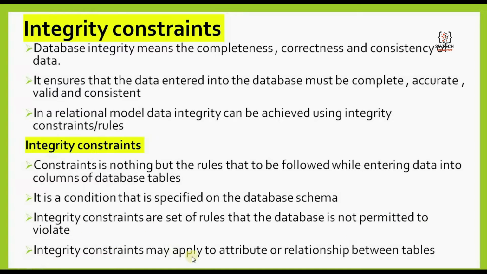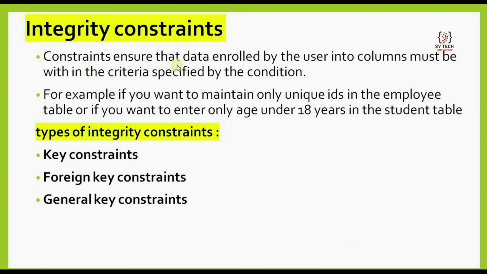They may apply to an attribute or a relationship between tables. Constraints ensure that data entered by the user into columns must be within the criteria specified by the condition. For example, if you want to maintain only unique IDs in the employee table, or if you want to enter only age under 18 years in the student table.